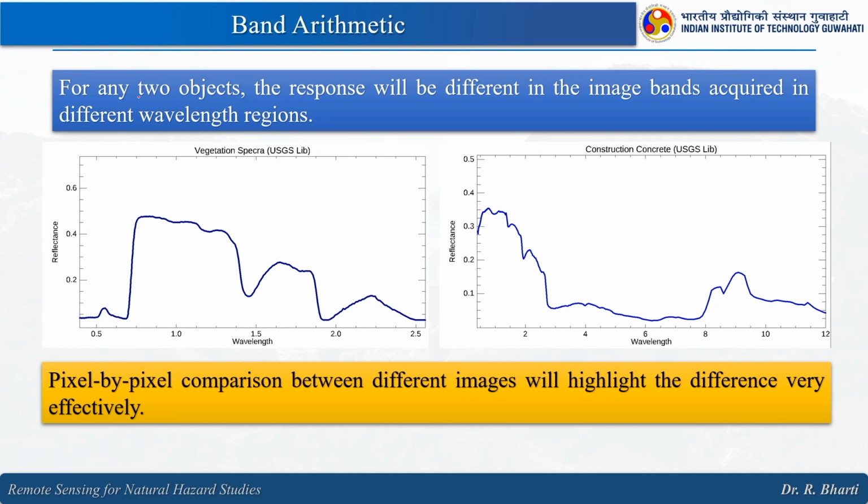Let us say we talk about two objects, and essentially they will have different spectral responses, as you can see here. Only then can we identify them, based on their characteristic absorption features. This one is vegetation and this one is concrete. Between 0.4 and 2.5 micrometers, what is the response of vegetation? If you consider the same wavelength range, it goes from here to here. This is for the concrete.